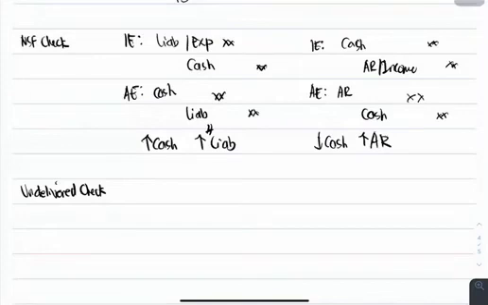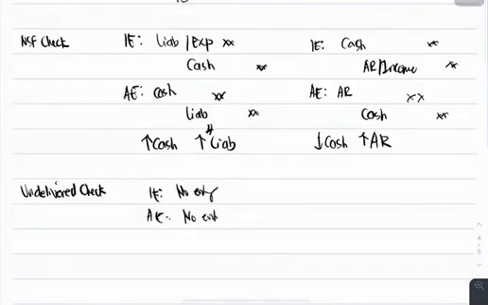If your initial entry is no entry, then your adjusting entry is also no entry. Why? Because you did not even decrease your cash, and it is true that you don't need to decrease your cash in an undelivered check because you did not really give or issue the check.